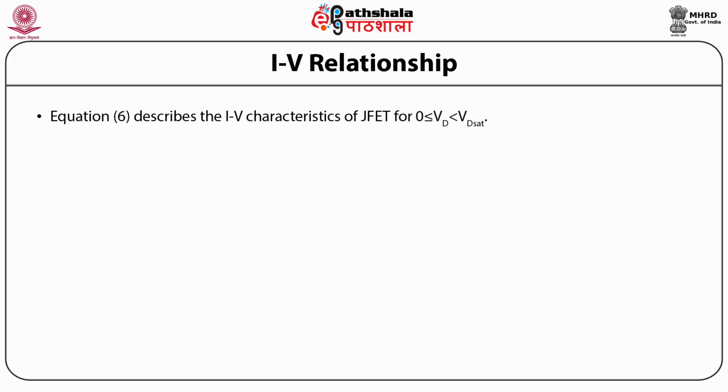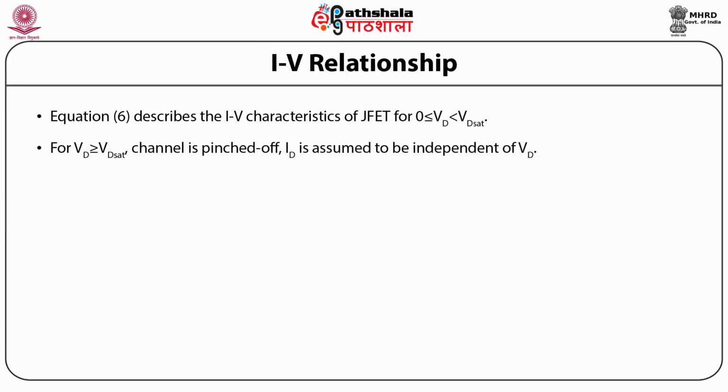So now the equation 6, which we have discussed earlier, describes the IV characteristics of JFET for V_D varying between 0 and V_D saturation. Now, if V_D is greater than V_D saturation, the channel is pinched off, so I_D is assumed to be independent of V_D.